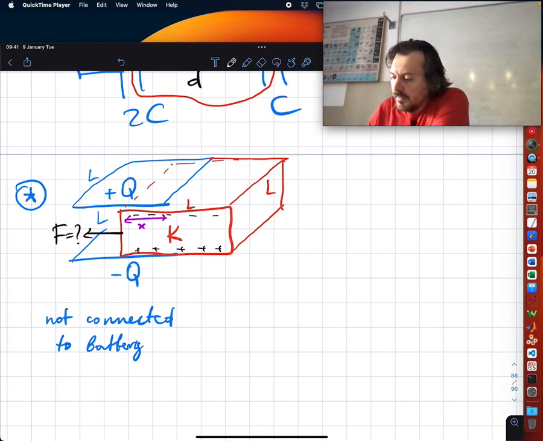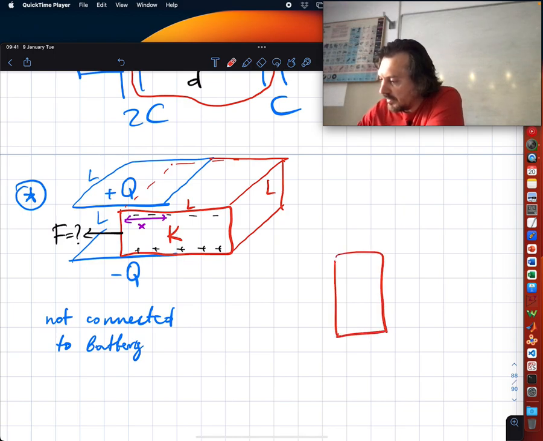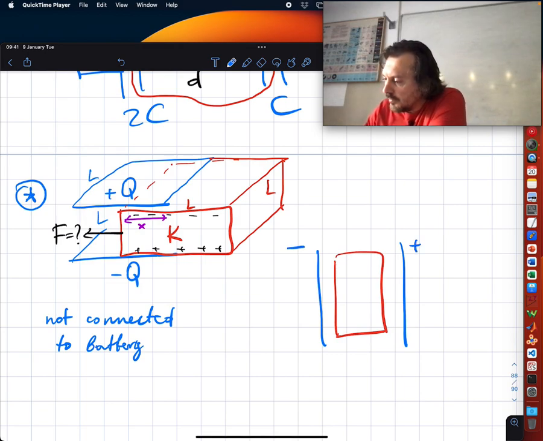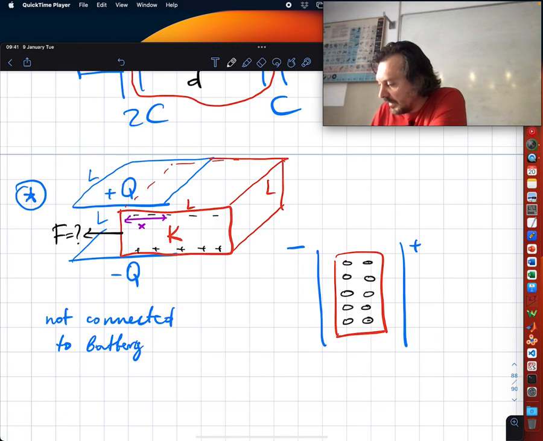When you put a dielectric inside a capacitor, let's say this is plus, this is minus, we assume that inside, its electronic structure rearranges in such a way that this is more negative, this is more positive, this is more negative, this is more positive.